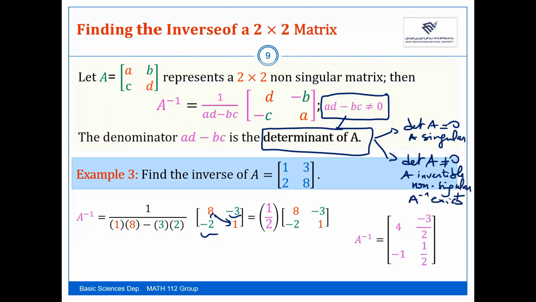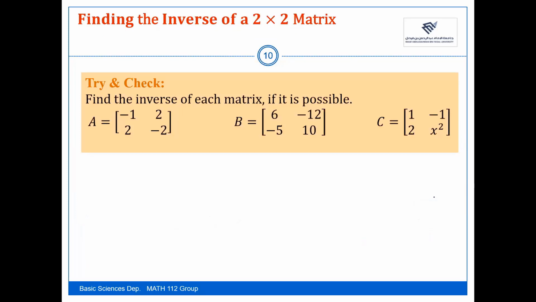Okay? إذا قبل ما تحسب الانفرس، قبل ما تبدأ تحسب لازم تحسب determinant of A، تشوفوا 0 or not 0. إذا 0 singular، إذا not 0 invertible، وتطبق القانون حتى تحسب الانفرس. Okay? So find the inverse of its matrix if it is possible.